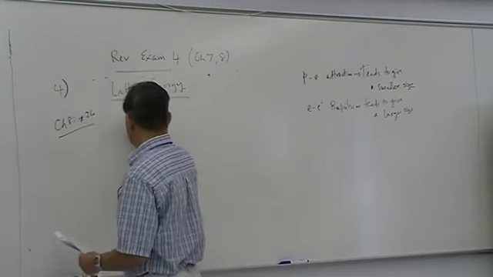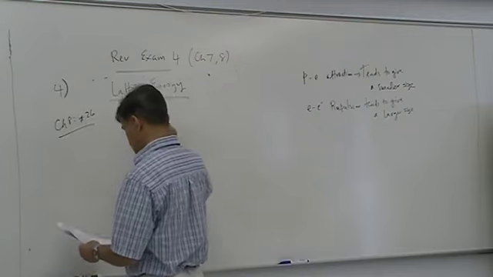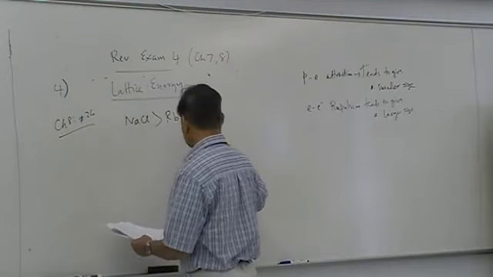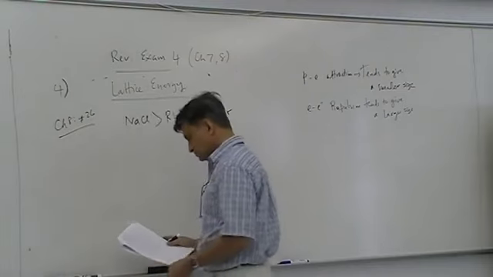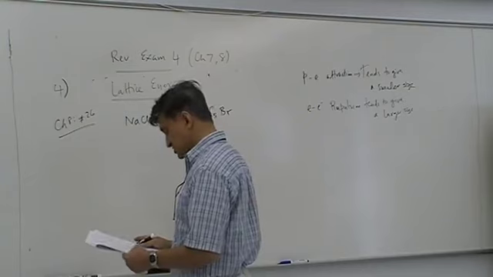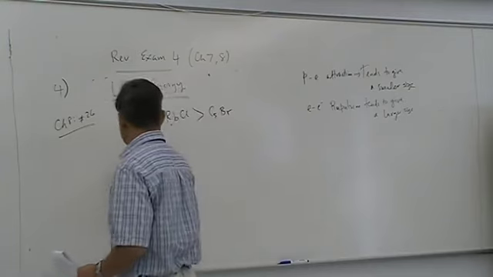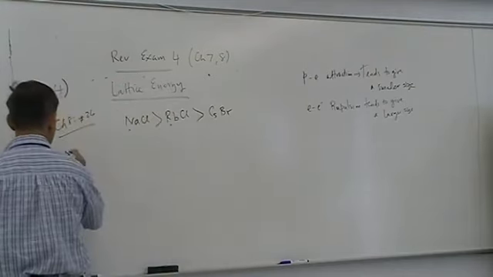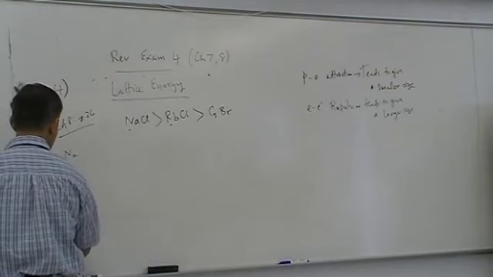They're saying that NaCl lattice energy is greater than rubidium chloride, greater than cesium bromide. So why is the sodium chloride lattice energy so much larger? If you think about the sizes, you'd get the answer. Sodium would be the smallest among all these three. Remember, sodium is from here in the periodic table. Then you have rubidium and then cesium.